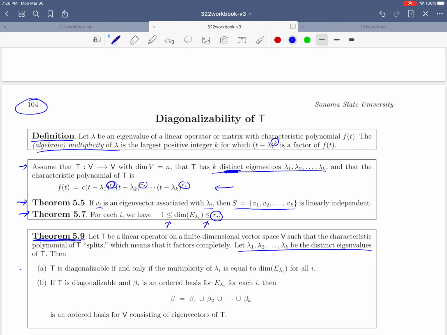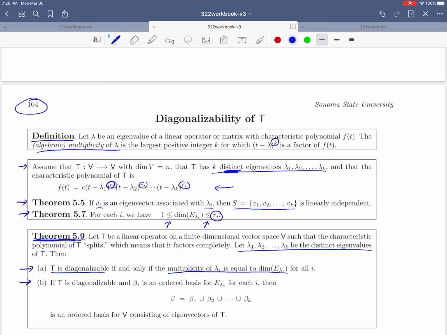Part A of the theorem says that T is going to be diagonalizable if and only if the multiplicity of the eigenvalue is always equal to the dimension of the eigenspace. So if you can get those two numbers to match each other, for every multiplicity of an eigenvalue in your characteristic polynomial, if you can find that many eigenvectors, then you know that your linear operator is diagonalizable.